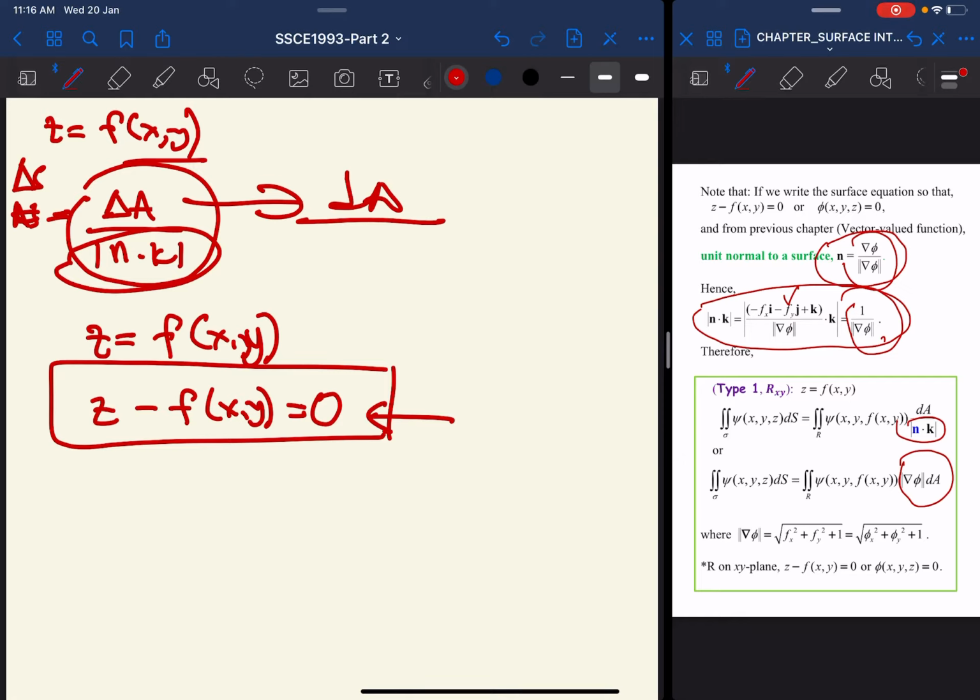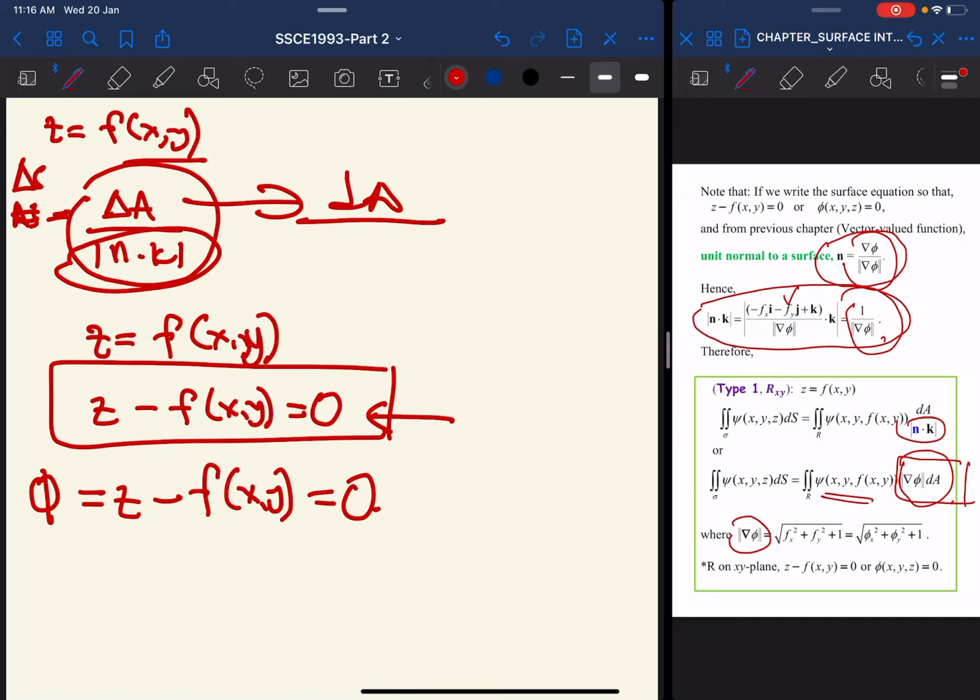You have to know the formula for how to change from ds to dA. This is the scalar function that will be given to you in order to solve the question, and this one comes from this one. We let phi equal z minus a function of x and y equal to 0.